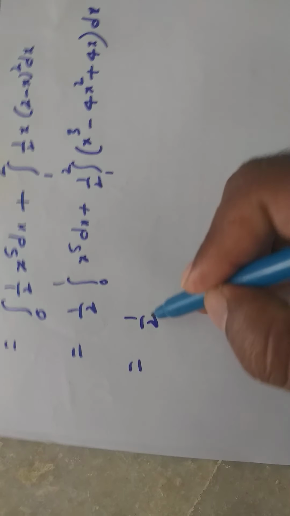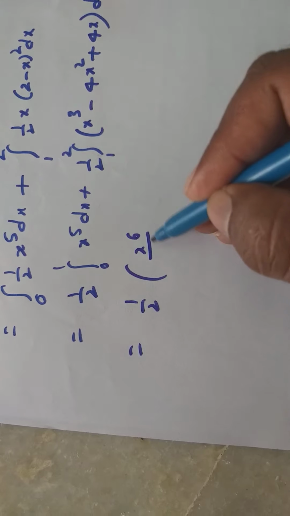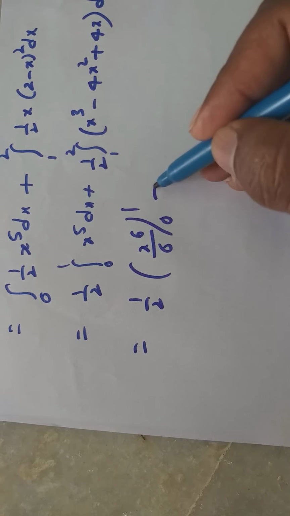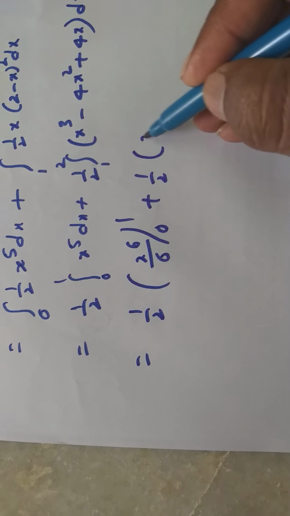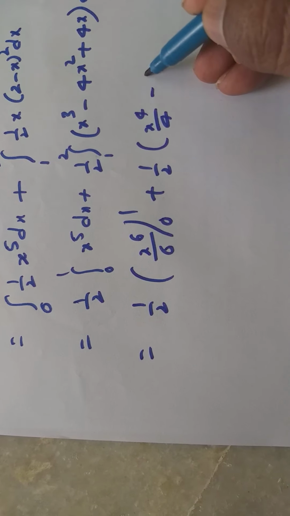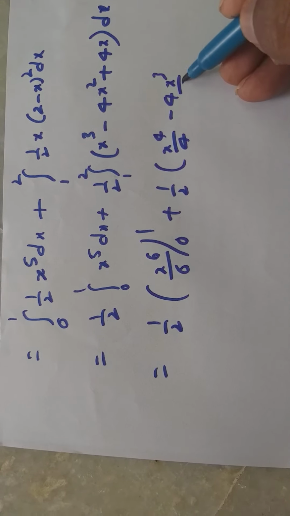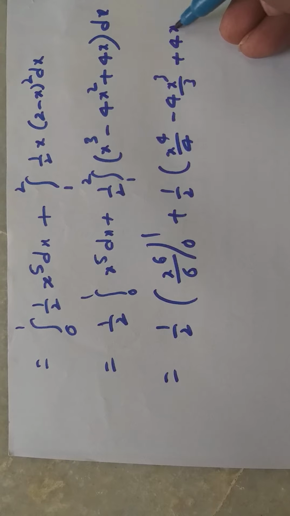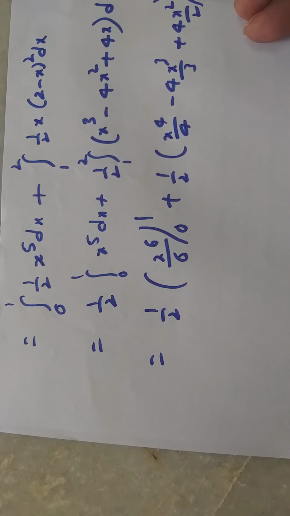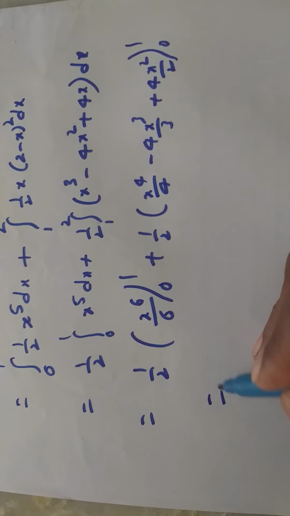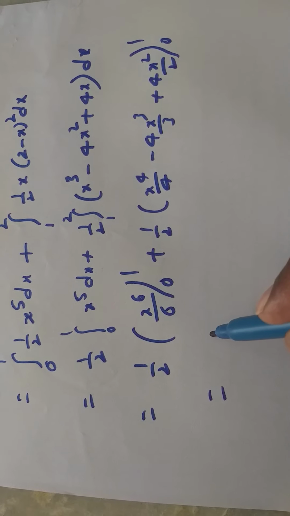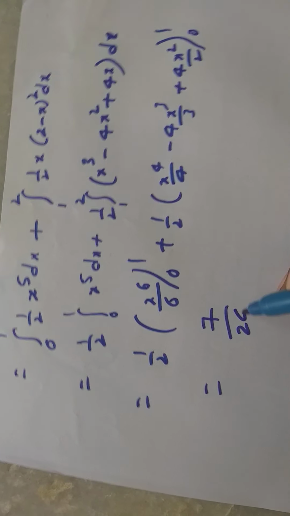Now integrating, this is x power 6 by 6 with limits 0 to 1, and x power 4 by 4 minus 4 times x cube by 3 plus 4 times x square by 2, with limits 1 to 2. After substituting all the limits, we get the solution.